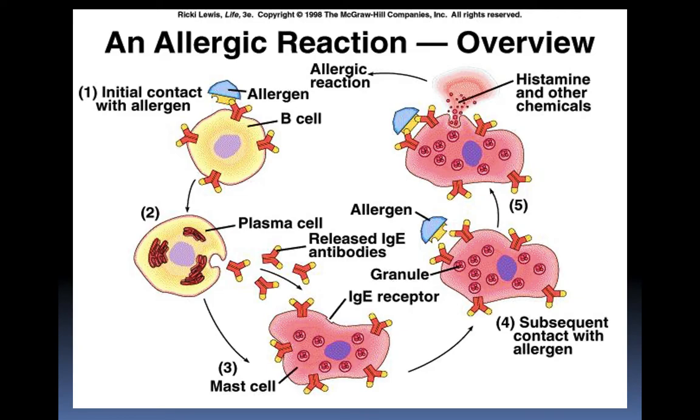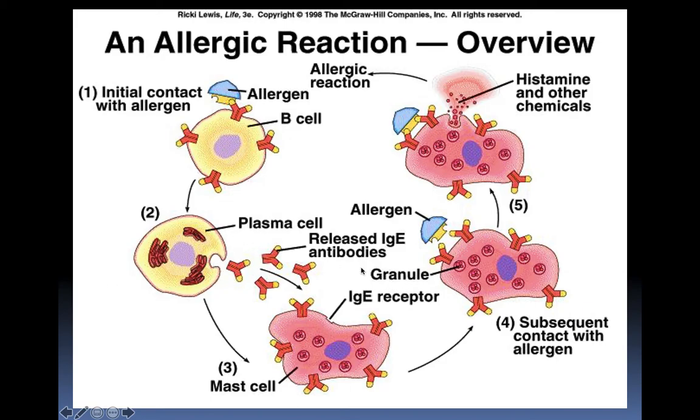Let me go back. So again, let's start with an initial contact with the antigen, with the allergen serving as our antigen here. So our IgE bound to the B cell is capable of recognizing that allergen because of its specific radar for each type of allergen, right? Then activated plasma cells will secrete IgE.